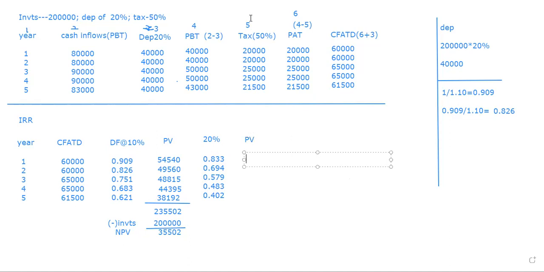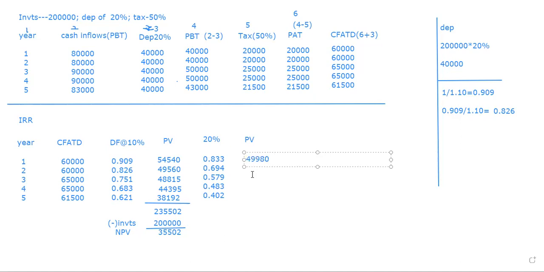First one, 60,000 into 0.833 is equal to 49,980. I got it. The first one I got is 49,980.